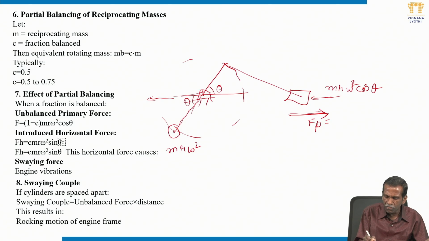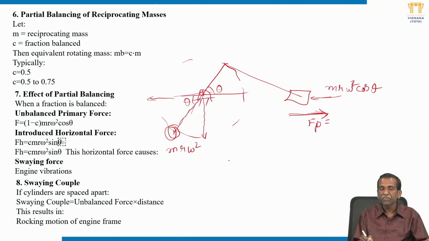But there will be an unbalanced component of the mass attached here, which again gives mr omega square sin theta. That is an additional unbalanced force that arises because of trying to balance the primary inertia force. So this leads to some wobbling of the crankshaft up and down. So this is also a big problem.